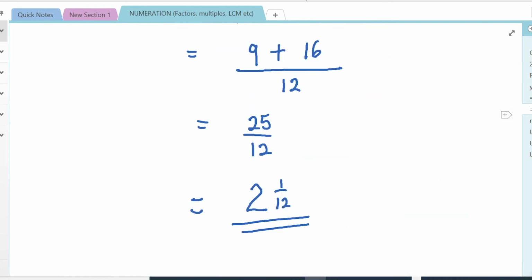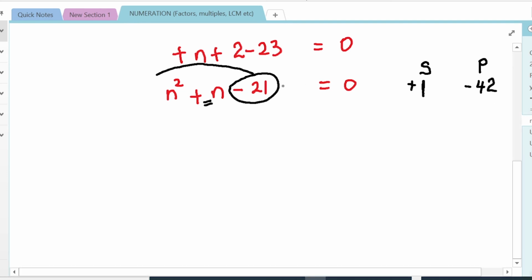So it's the same thing here. Here we had 2, so two numbers giving us a sum of positive 1 and a product of negative 42. So we start looking for those two numbers using the factors of 42. That's going to become 1 times 42, then we have 2 times 21, 3 times 14.